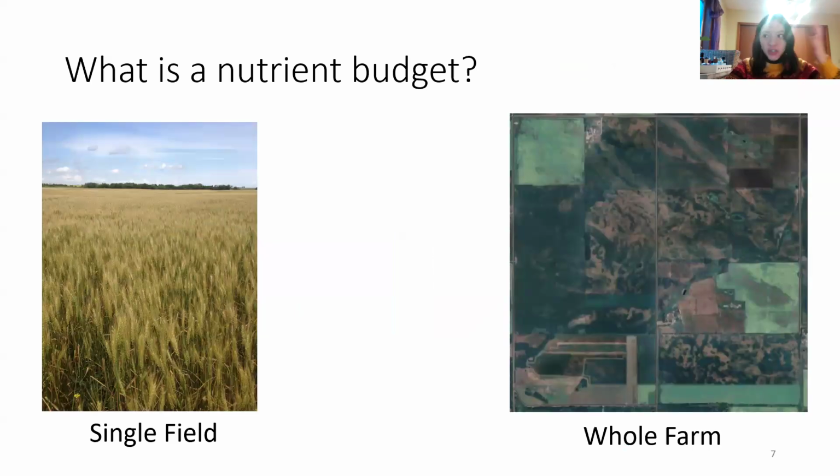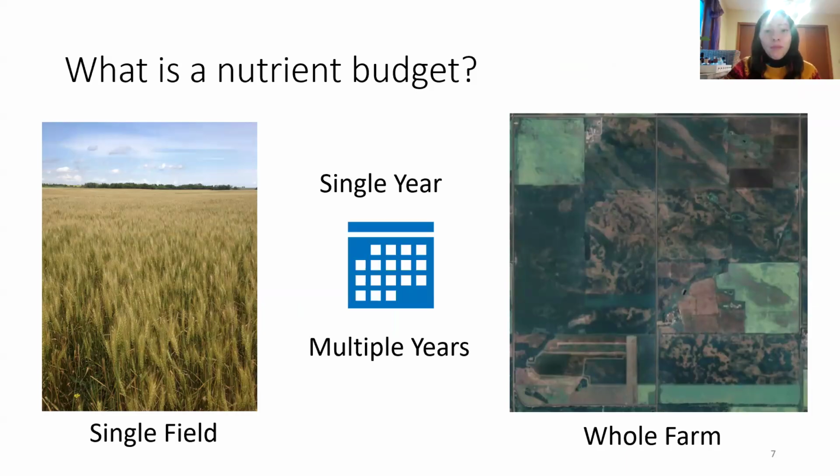So when we're defining the scope of our nutrient budget, we can talk about a single field or the whole farm. We can talk about a single year or multiple years. This can be really helpful when we're looking at our system as a whole or drilling down and looking at individual fields on our farm.